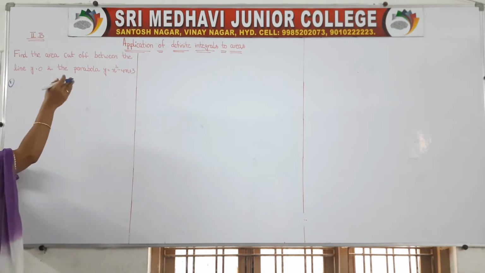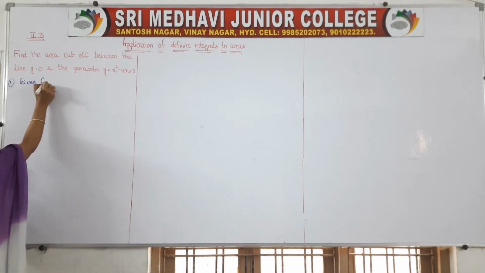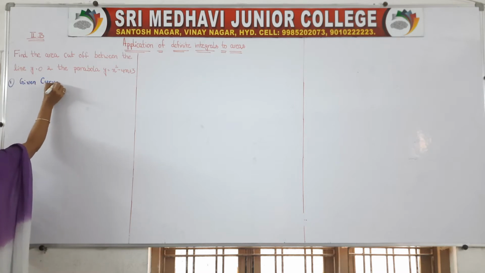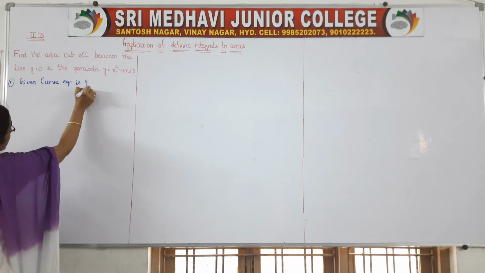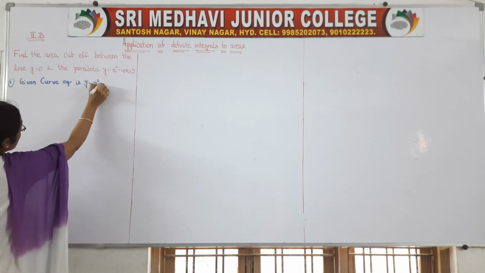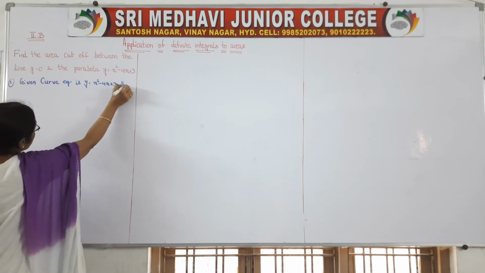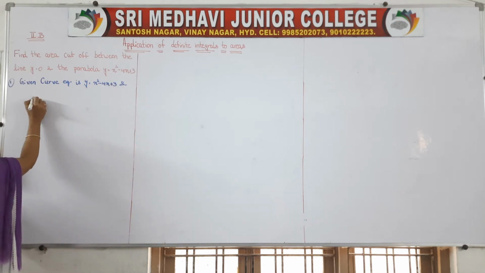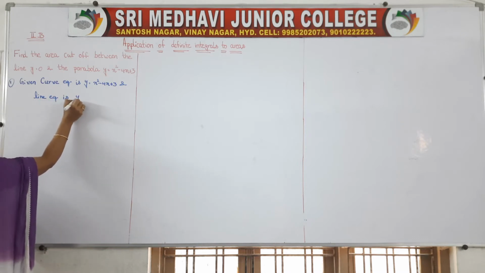Okay, so first we have to find the solution. The given curve equation is y is equal to x square minus 4x plus 3, and the line equation is also given, right? And what is your line equation?